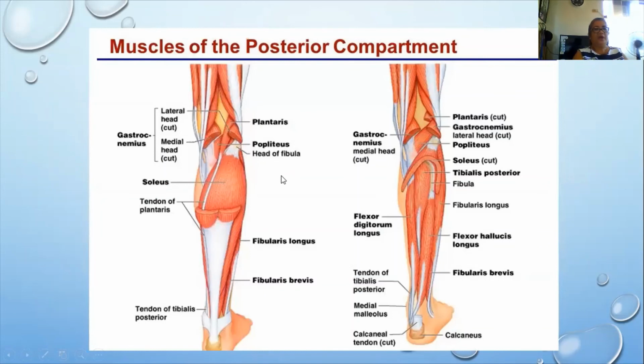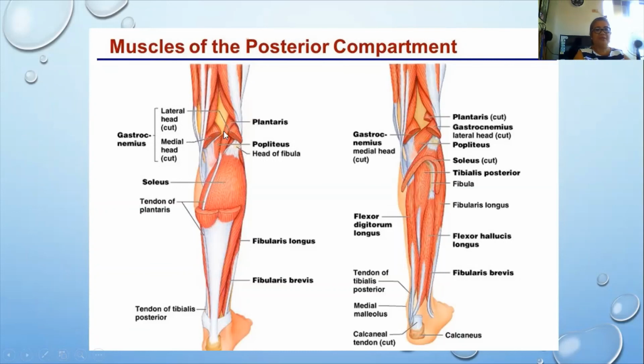So here, you have the muscles of the posterior compartment of the leg. The upper portion is your popliteal fossa. But we're talking about the muscles in the posterior compartment of the leg. This is the superficial group of muscles. Here, the two heads of the gastrocnemius were cut so that the soleus muscle will be exposed.